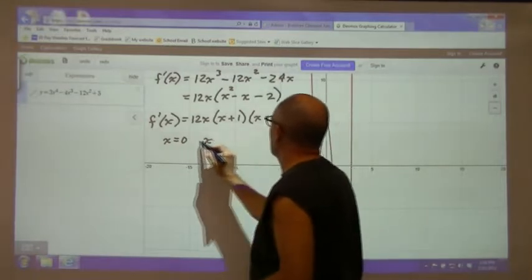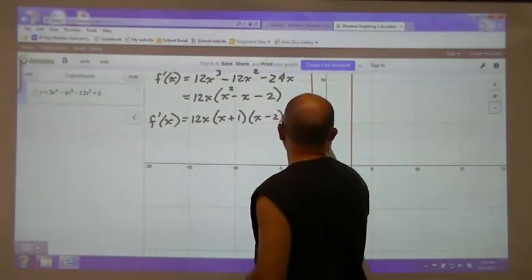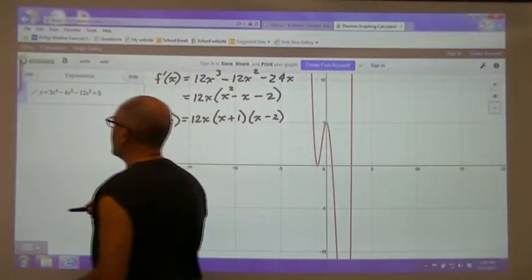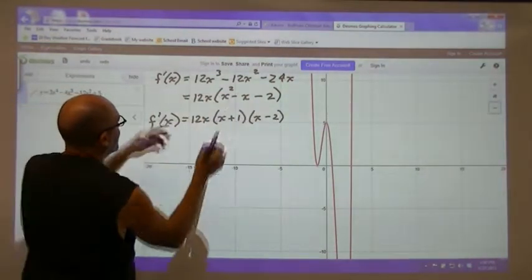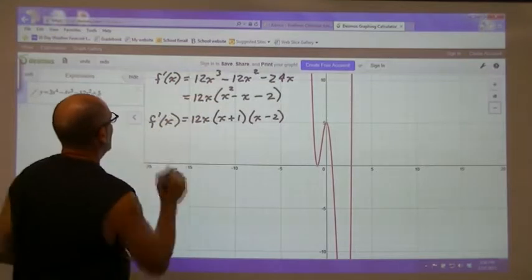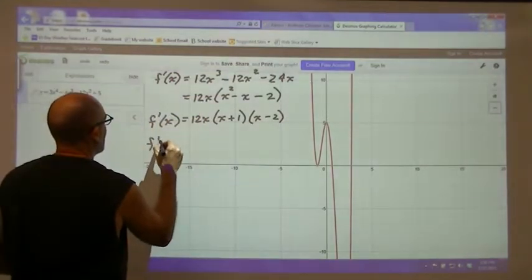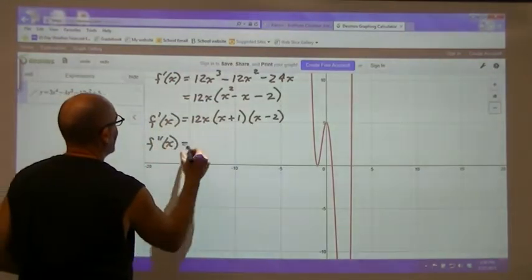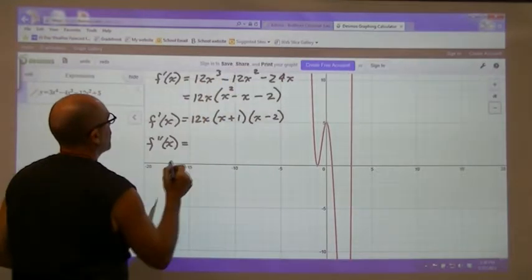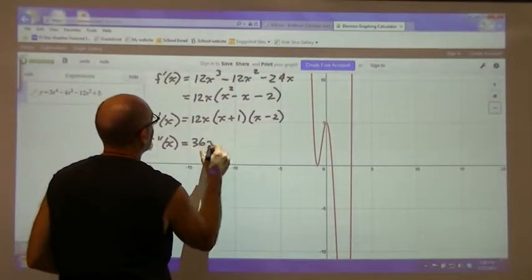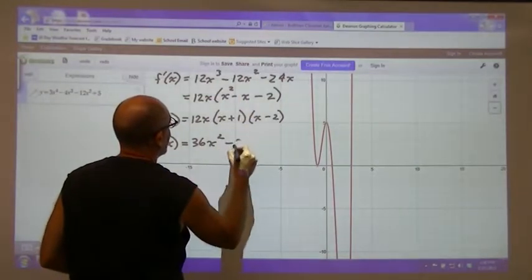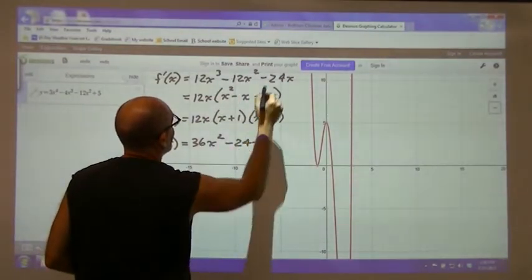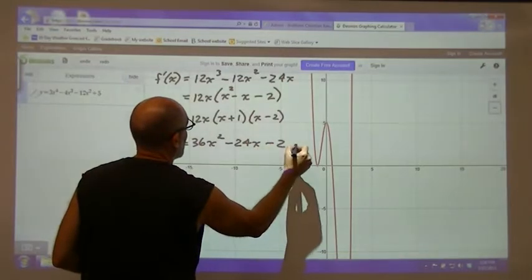So what we're going to do is take the second derivative, from right here. So f double prime of x equals 12 times 3 is 36x squared minus 12 times 2 is 24x minus 24.